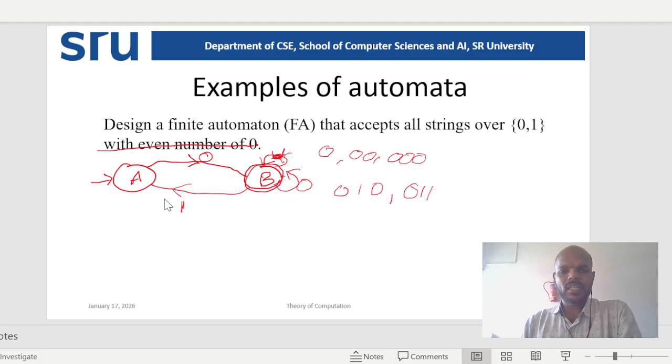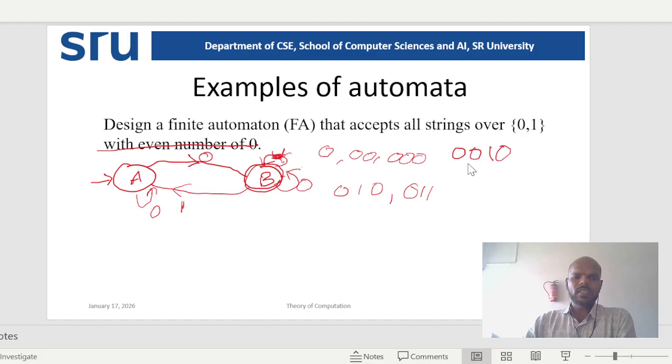Now, can I take one more self loop here, which is 0 or 1? If I take 0, is there any problem? Let me check first. Now try to check it. If it is 0, check it: 0 0 1 0. Is it violating the property? What is our objective? Ending with 1 0.